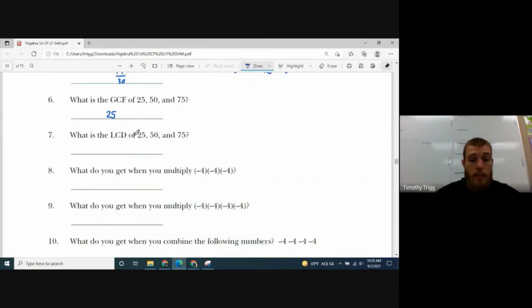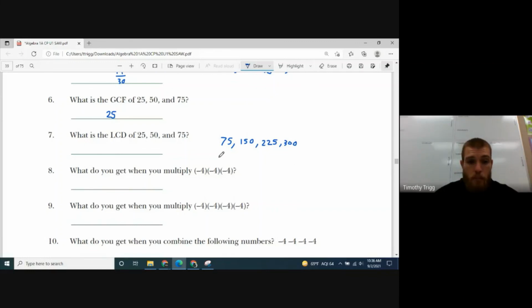What is the lowest common denominator for this group? Well, that's actually going to be, let's look at our 75s, for example. So 75 times 1 is 75, times 2 is 150, times 3 is 225, times 4 is 300.